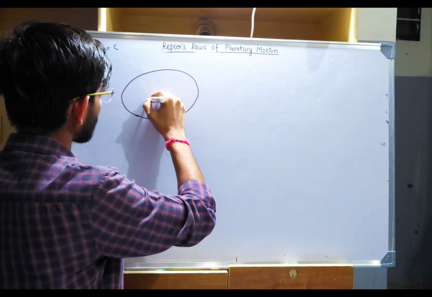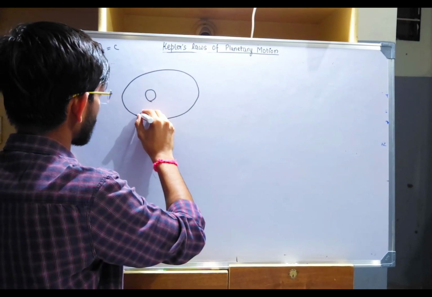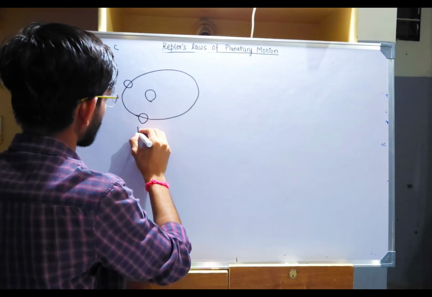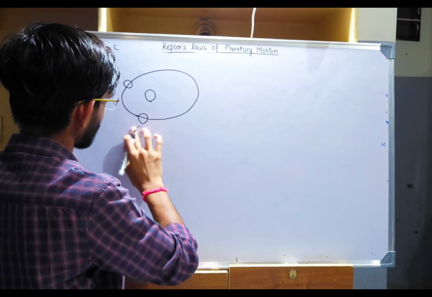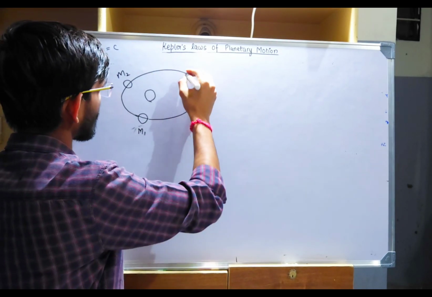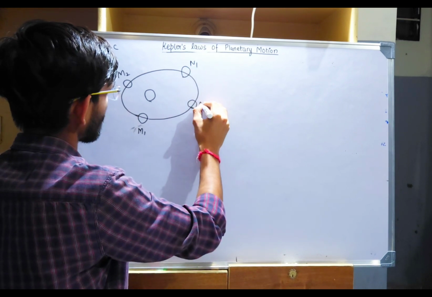Suppose a planet is revolving around the sun in such a way that this is the planet from point m1 to m2, and this is point n1 to n2.